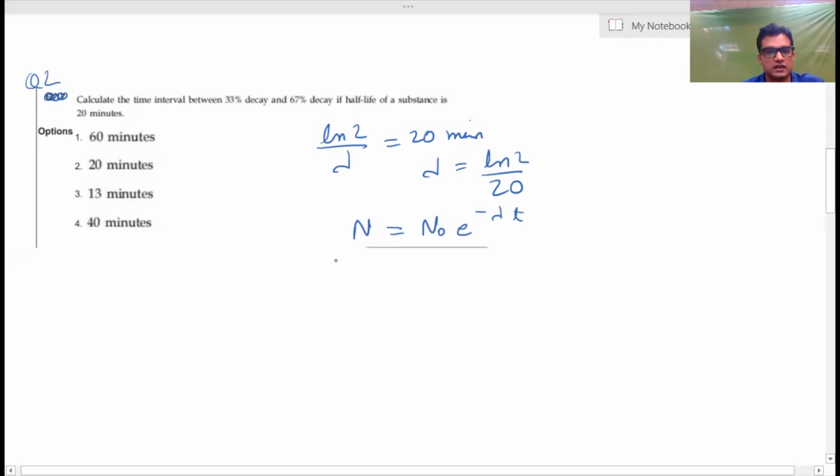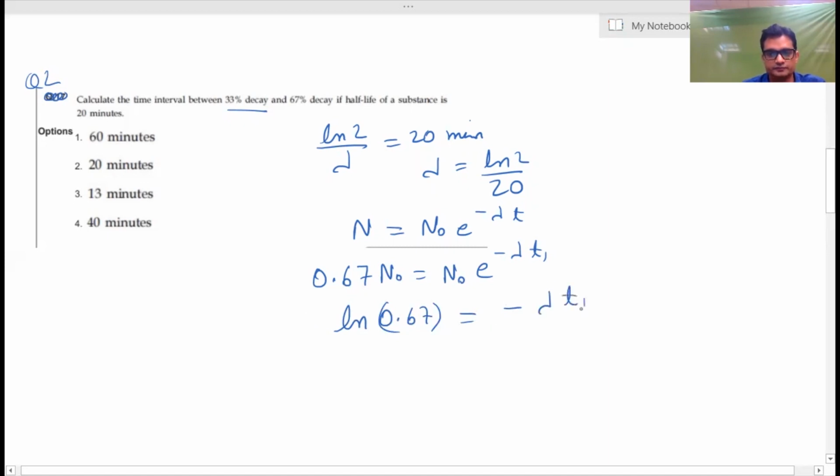So here we'll say that if there is 33% decay, then the remaining nuclei will be 67%. So 0.67 N naught is equal to N naught e to the power minus lambda t1. I'm taking this time as t1, and if I take ln, then ln 0.67 is equal to minus lambda t1.